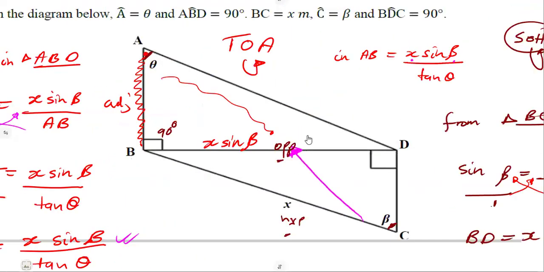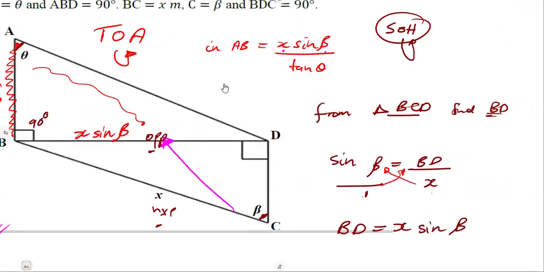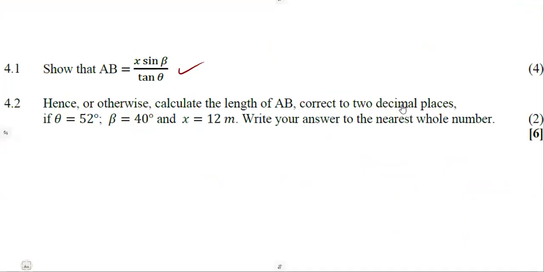So you work from this triangle, you find this, and work from another one. Then from there we are given: hence or otherwise calculate the length of AB, correct to 2 decimal places, if we are given theta as this, beta, and x is also there. Write down your answer to the nearest whole number.